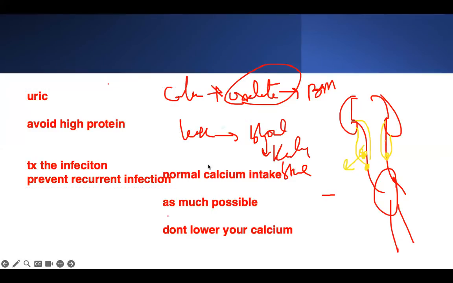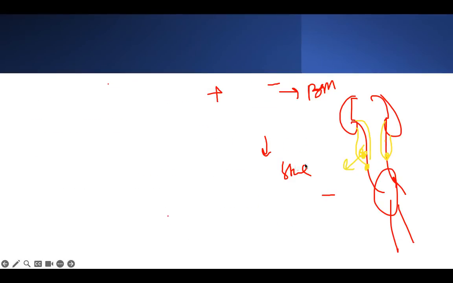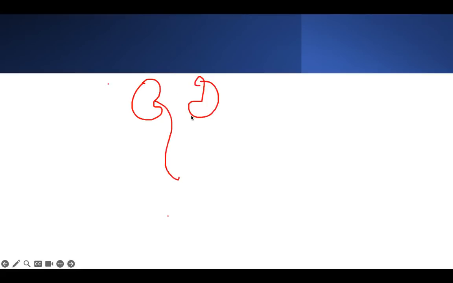And the last thing I want to talk about is sometimes the stone is lodged in the place where you cannot pass it. Okay, if this is the kidney and this is the bladder, if the stone is lodged here, we can break it, or they are all here, causing problems like that.